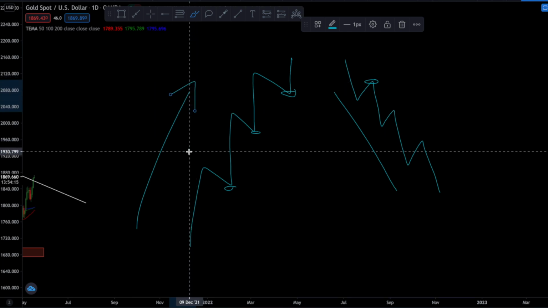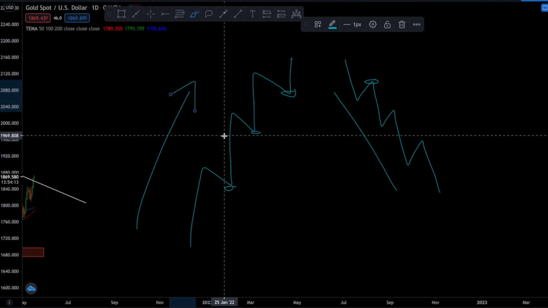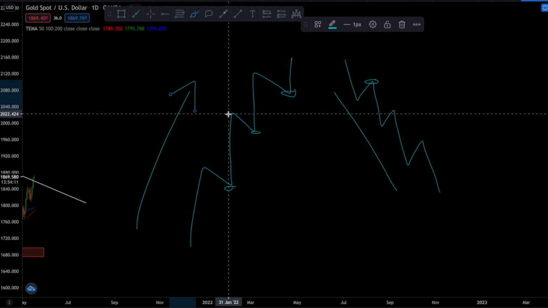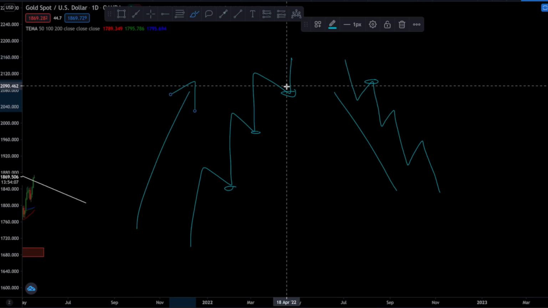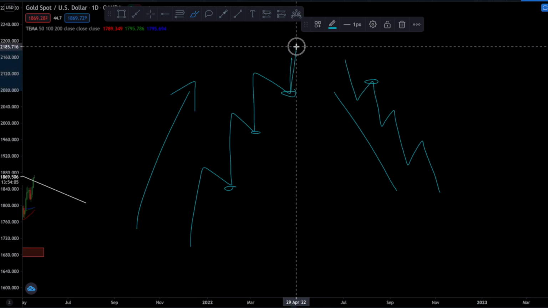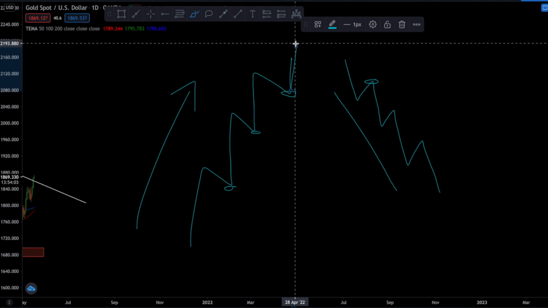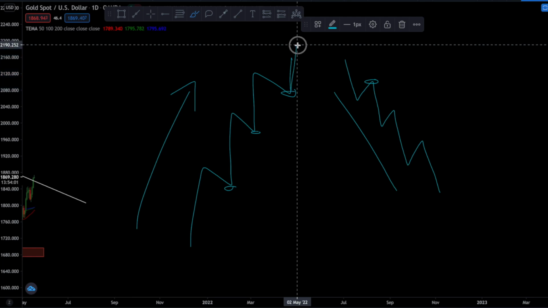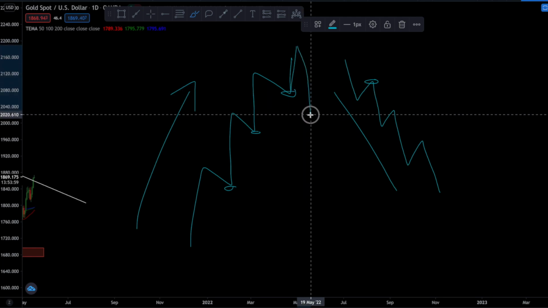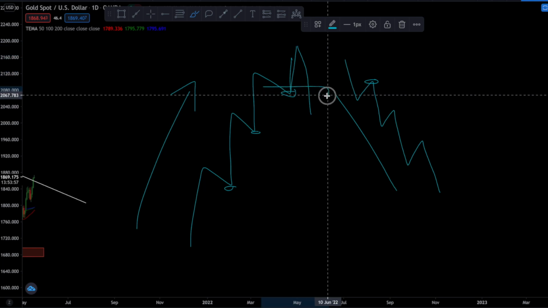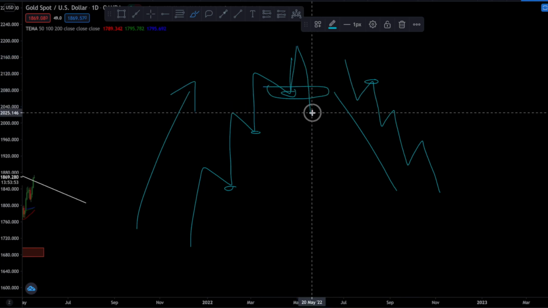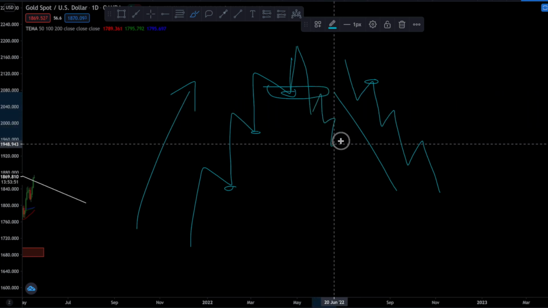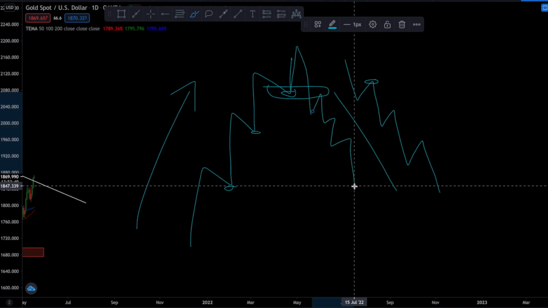In this uptrend, the price was moving up, creating higher high, higher low, higher high, higher low, higher high, and higher low. Whenever the price is doing this, and instead of creating higher highs and higher lows it goes on to create a lower low, then this tells us that this is not just a pullback, but a reversal can now be expected, and the price can start moving in the downward direction.